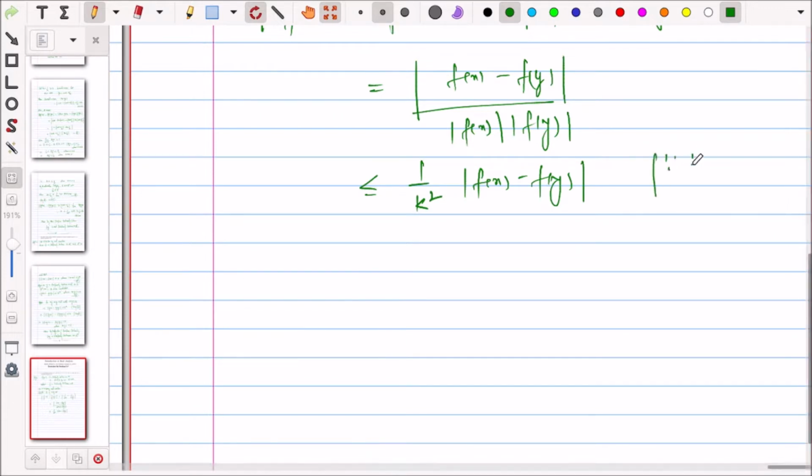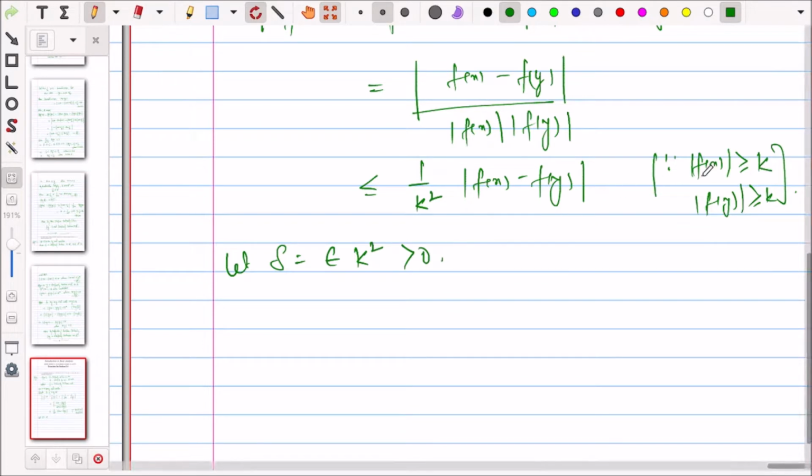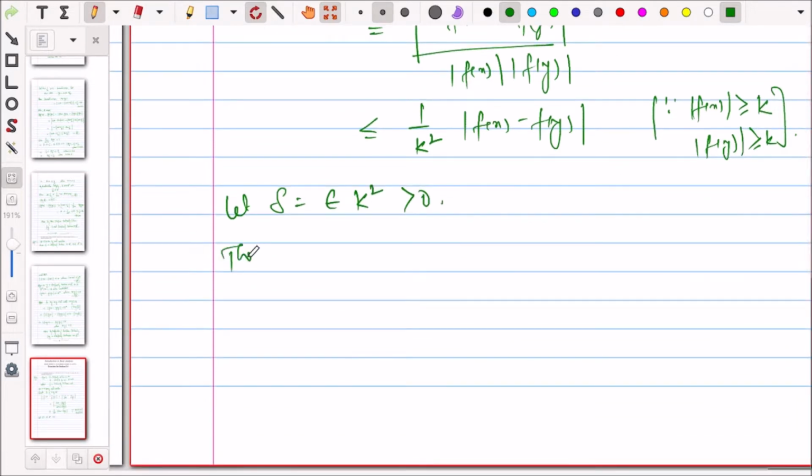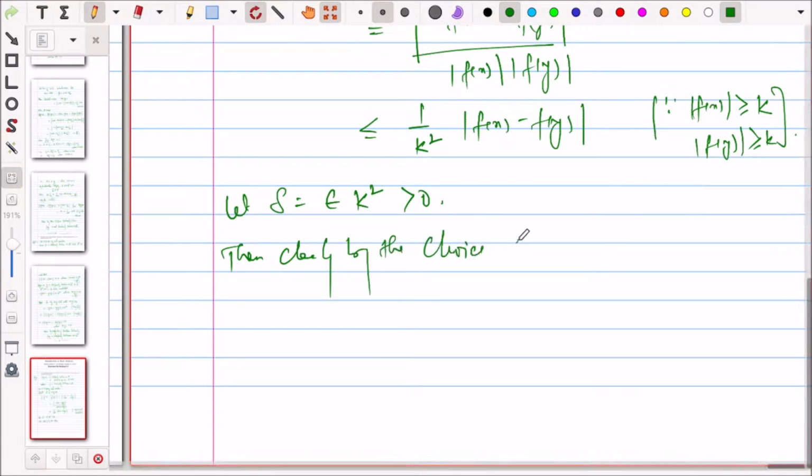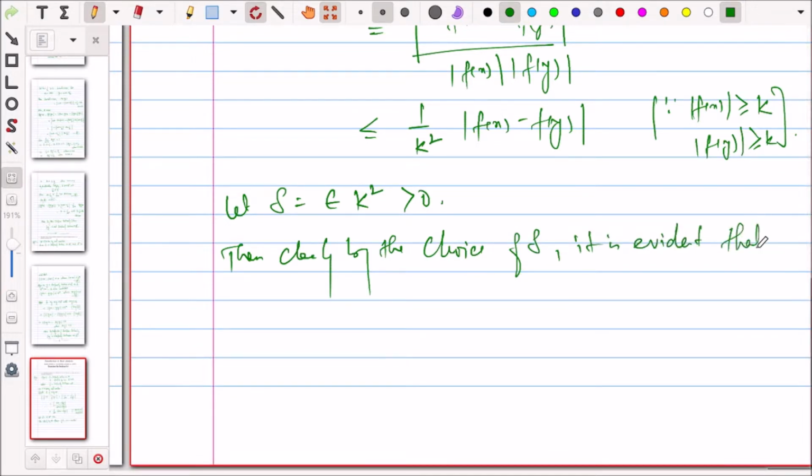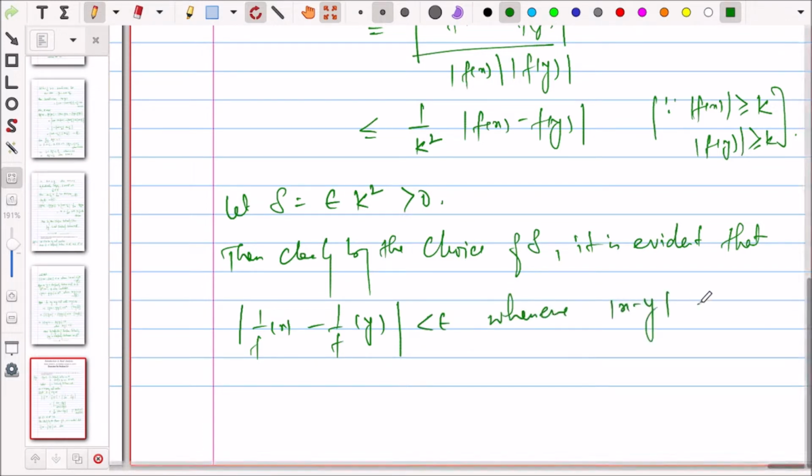Since f(x) is greater than or equal to k and f(y) is also greater than or equal to k, what delta should we choose? Let delta equal epsilon times k square, which is greater than 0. Then clearly, by the choice of delta, it is evident that modulus of 1 by f(x) minus 1 by f(y) is less than epsilon whenever modulus of x minus y is less than delta.